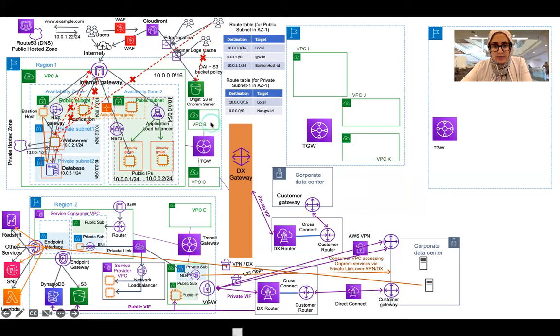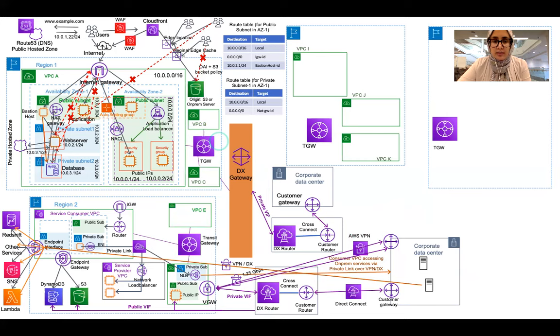And also for these VPCs, you have VPC B, VPC C, and then this VPC A. All of them can talk to each other, and that's the purpose of a transit gateway. So a transit gateway is meant to connect different VPCs, and these VPCs can talk to each other.